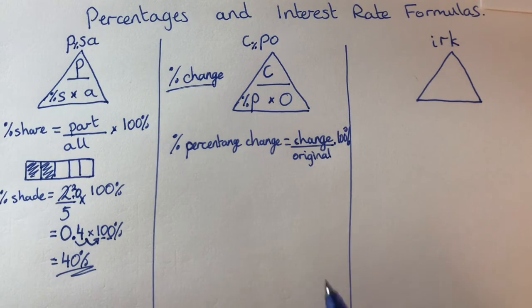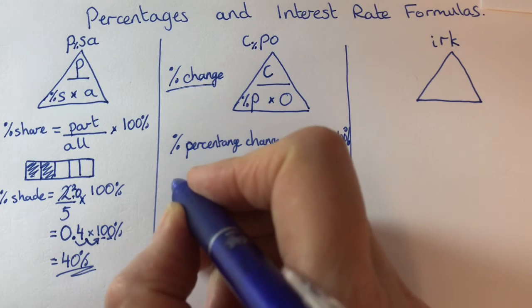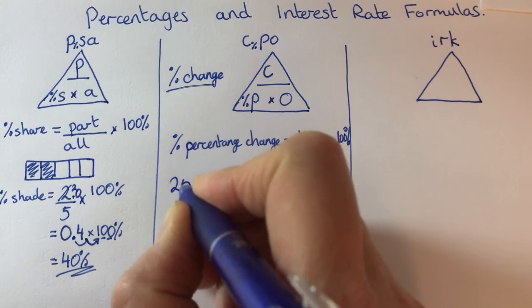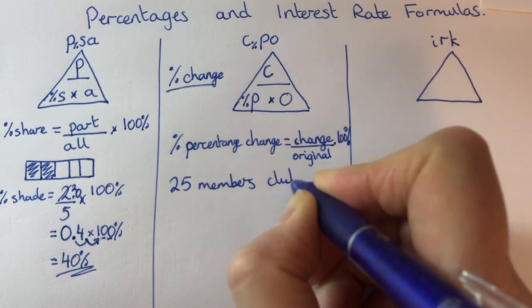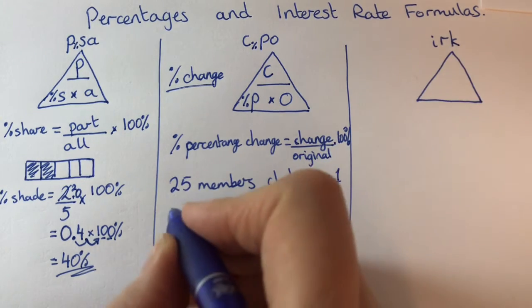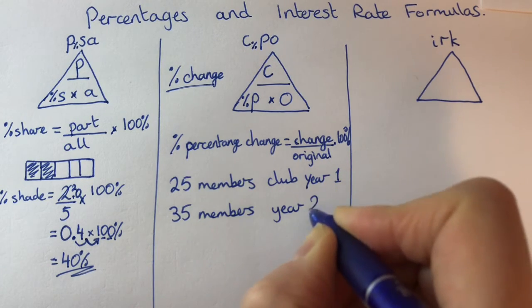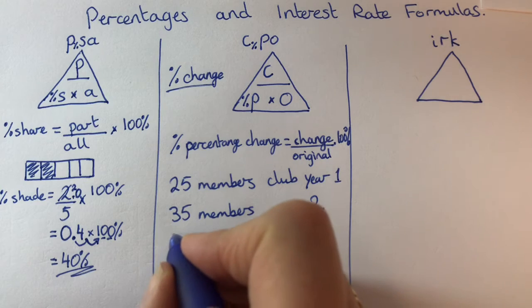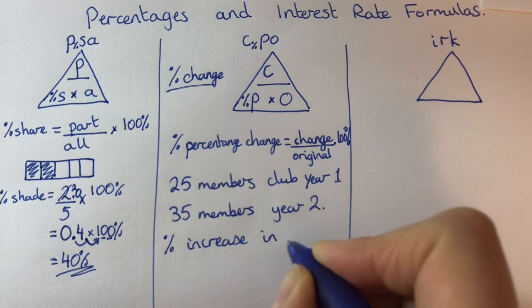Okay, so can we have an example here? Well, we could say that we had 25 members of a club, year 1, and then we had 35 members, year 2. What is the percentage increase in members?